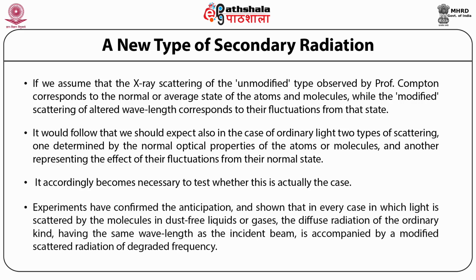Experiments have confirmed the anticipation and shown that in every case in which light is scattered by the molecules in dust-free liquids or gases, the diffuse radiation of the ordinary kind, having the same wavelength as the incident beam, is accompanied by a modified scattered radiation of degraded frequency.